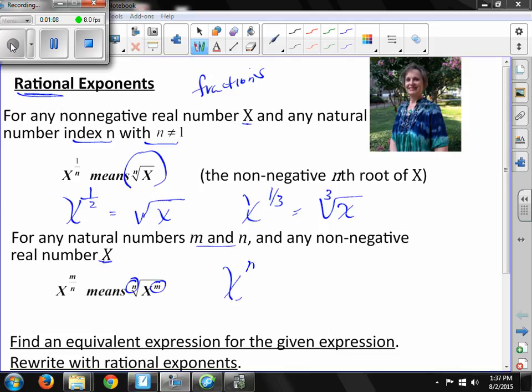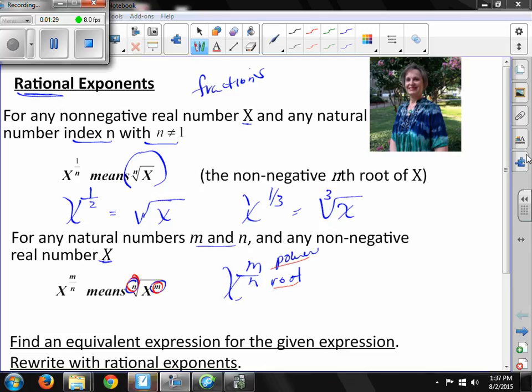The numerator of the fractional exponent is the power and the denominator is the root. Have the power over the root. Here's the root and here's the power.